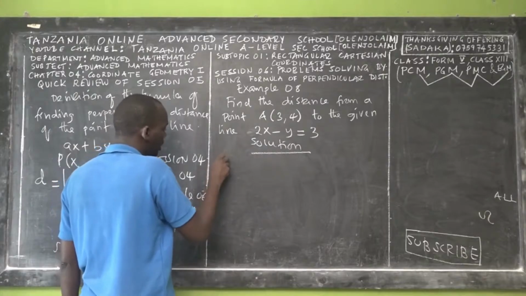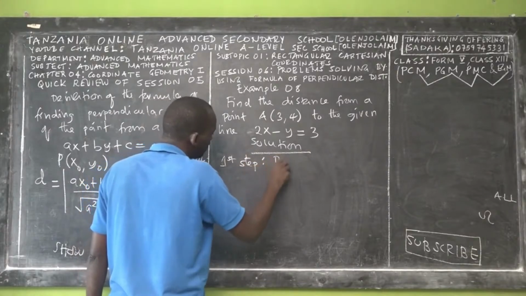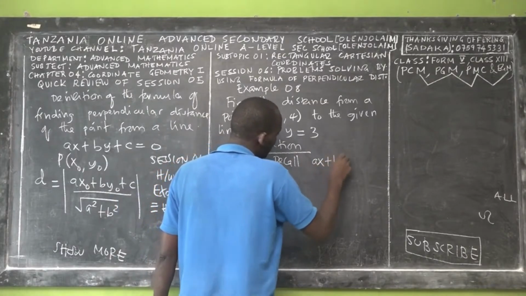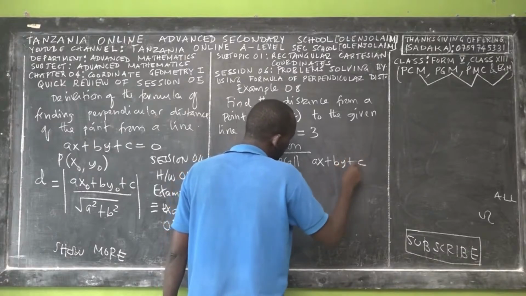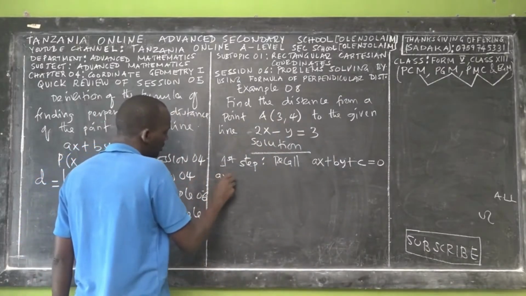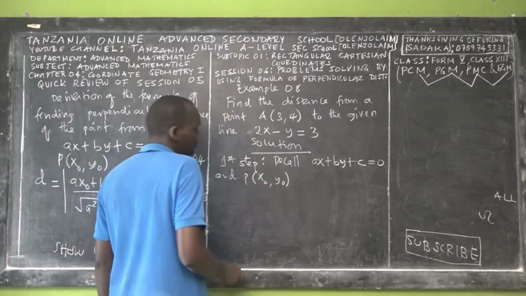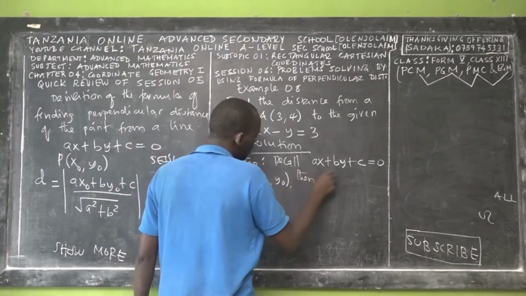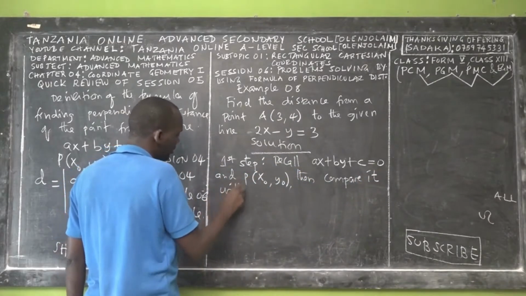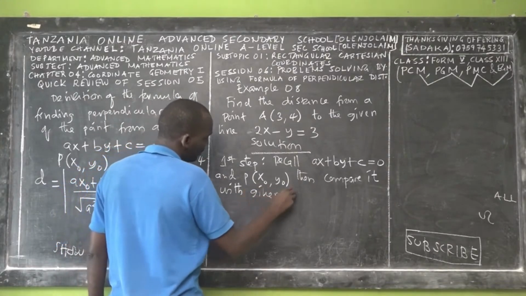So the first step: we call the general equation ax plus by plus c equals 0, and another point P(x naught, y naught), and compare it with the given information.